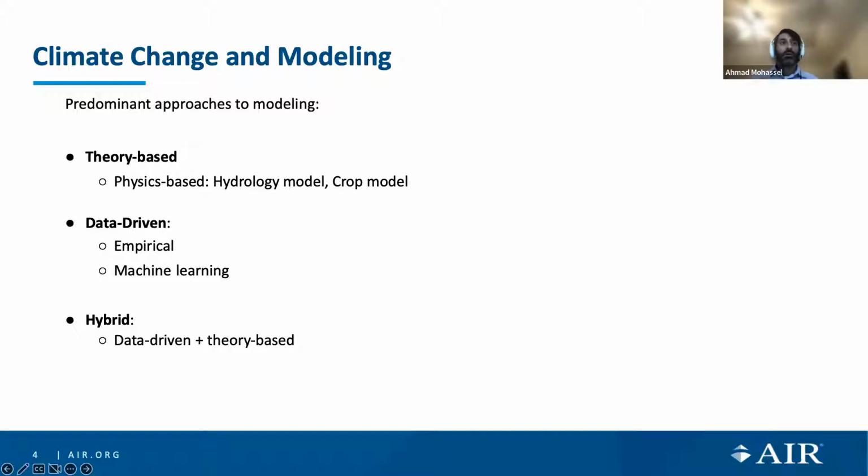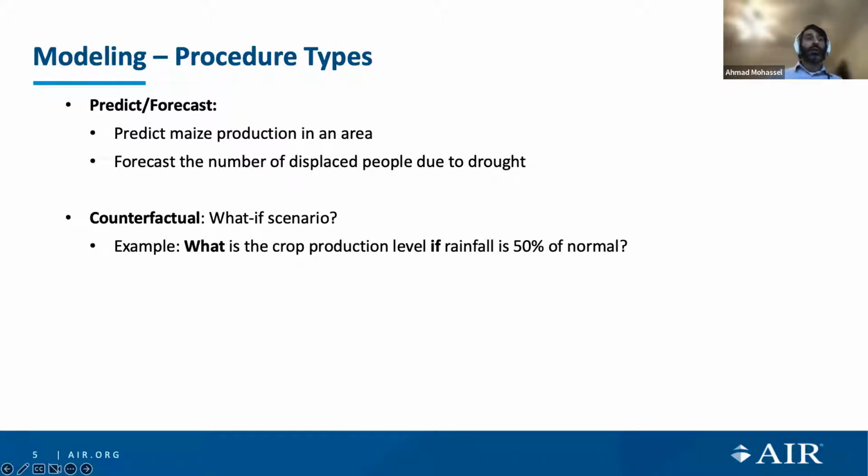So most of the models that we worked on at AAR, and the specific example that we're going to talk about today, the crop model, are in that category. I'm going to go over some concepts that you might see here. Each model might do a couple of functions.